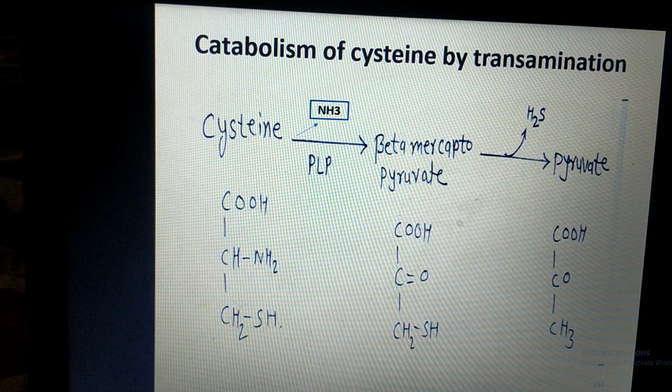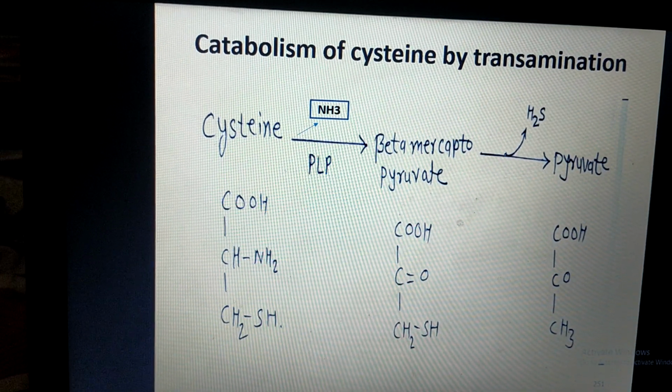It is not deamination, it is transamination. Here the amino group is accepted by alpha ketoglutarate to form glutamic acid. This beta mercaptopyruvate, when it releases its sulphur group in the form of hydrogen sulfide, forms pyruvate. This is the first process.